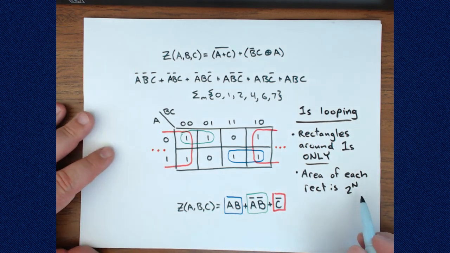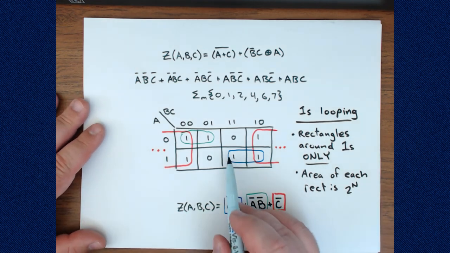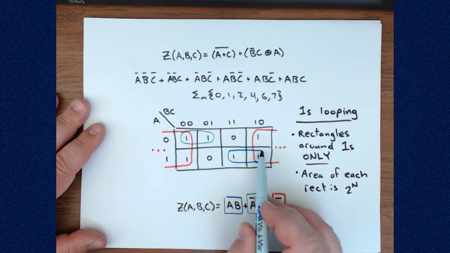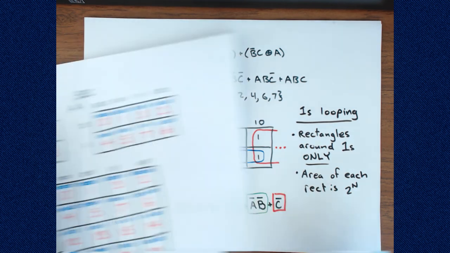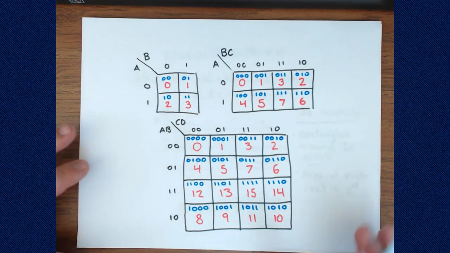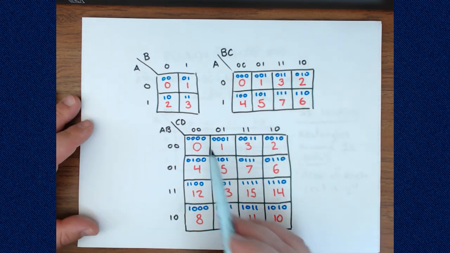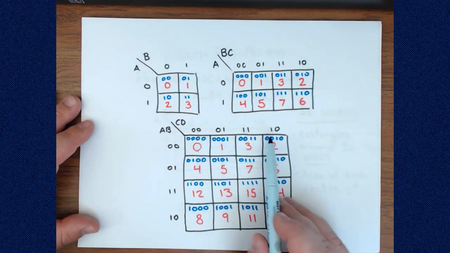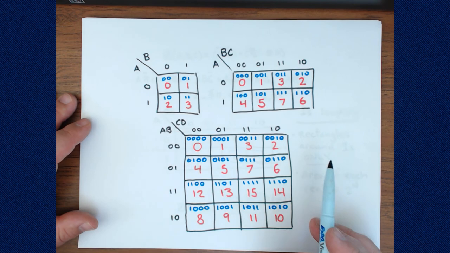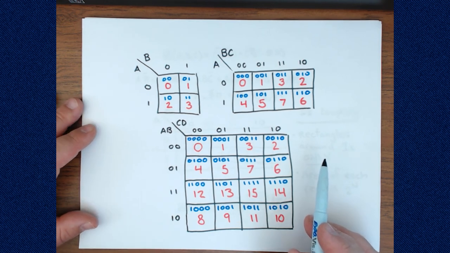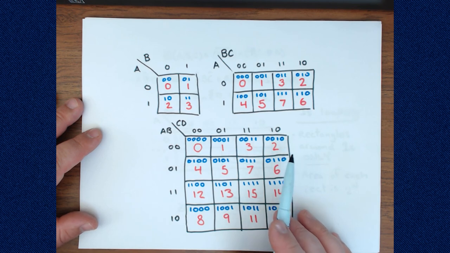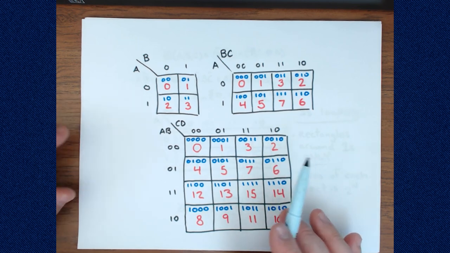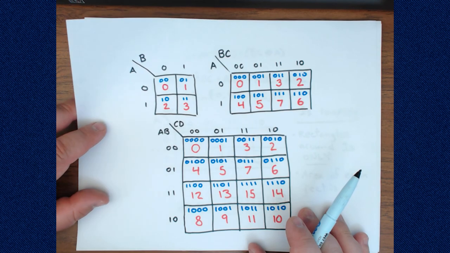Now, another way that you can think of that is that the height and width individually also must be powers of 2. And since we're restricting ourselves to doing this on paper to those things that we can fit in a two-dimensional grid, the biggest dimension we've got is 4 big. So we're talking about rectangles where one of its dimensions, whether it's width or height, is either going to be 1, 2, or 4. That's the only ones we can get.